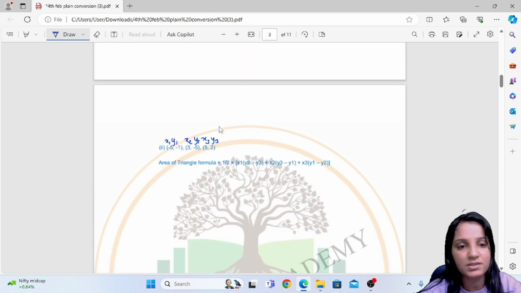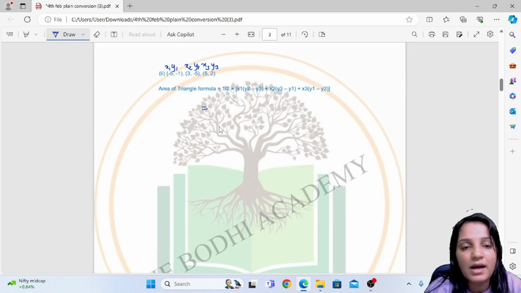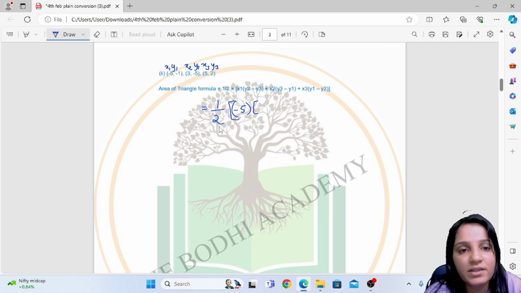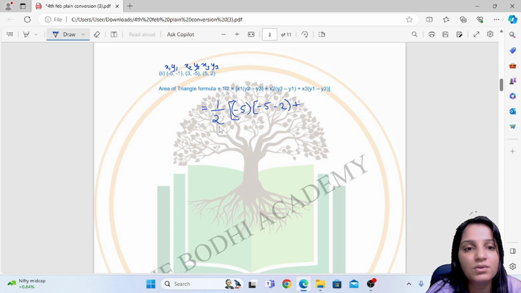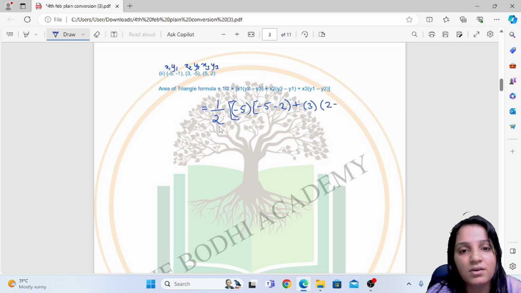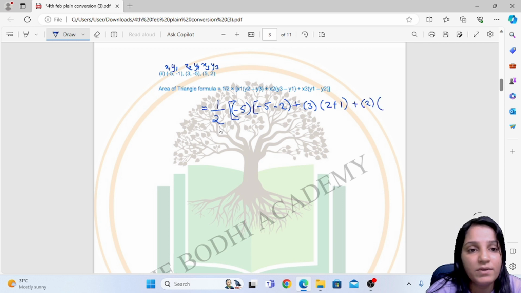Next question, same thing we have to do, half, we have to find the area of triangle. x1 is minus 5, into y2 minus y3, y2 is minus 5 minus y3 is 2, plus x2 is 3, into y3, 2 minus y1 is minus 1, that becomes plus 1, plus x3 is 2, into y1 minus y2 is plus 5.